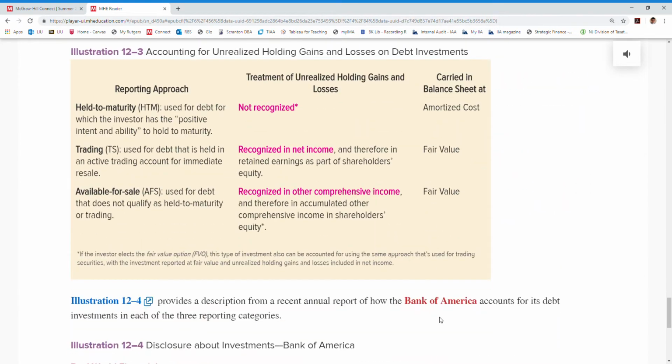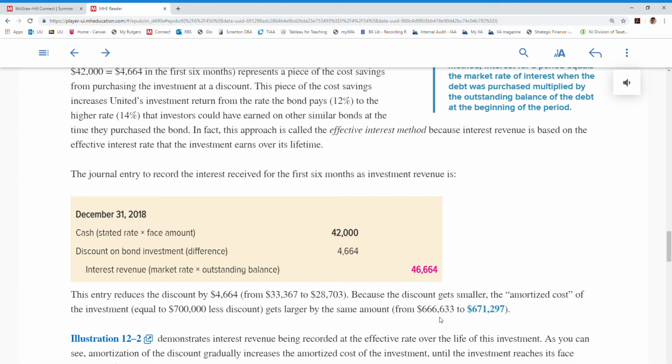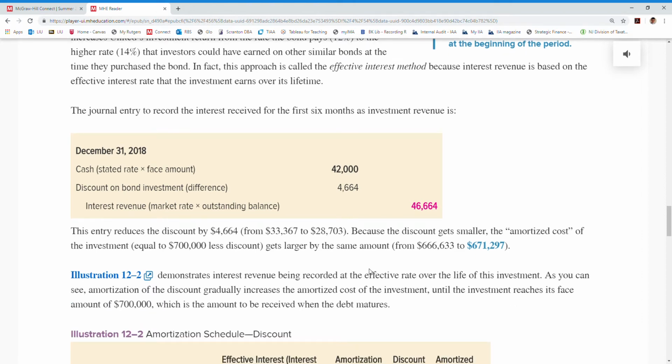So let's see what the entry is like. They show it here: cash, discount on bond, and interest revenue. The cash is what we receive, the discount on bond is something that we debit, and interest revenue is what we credit.